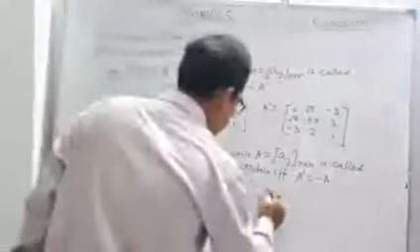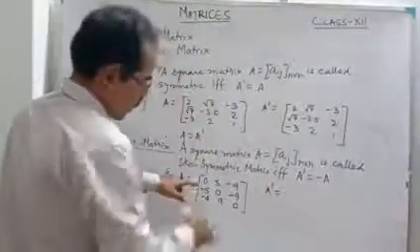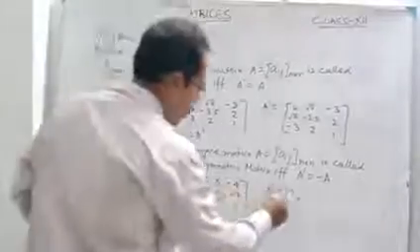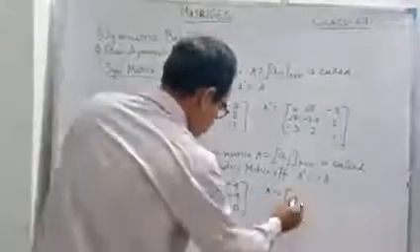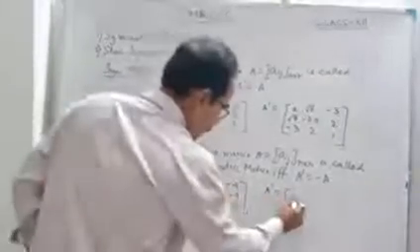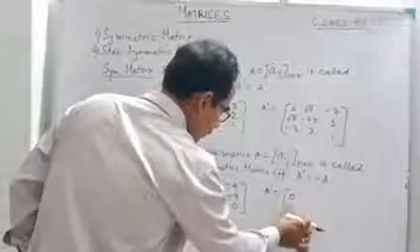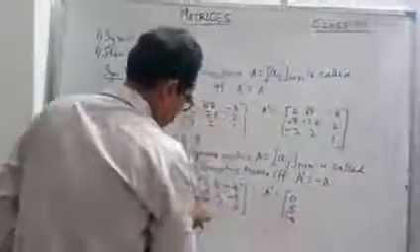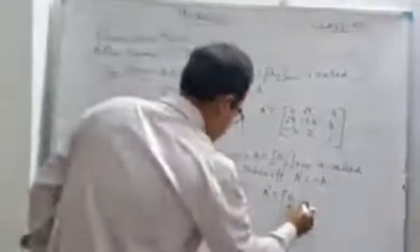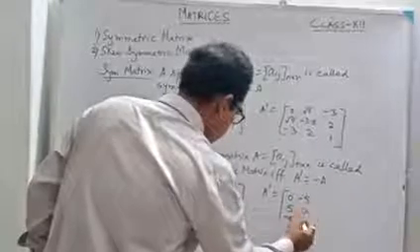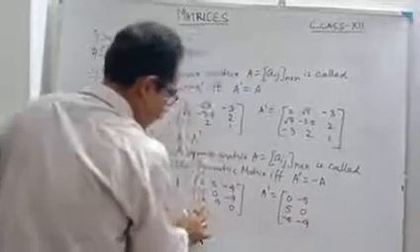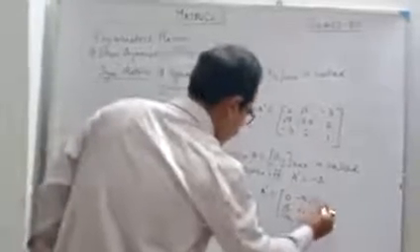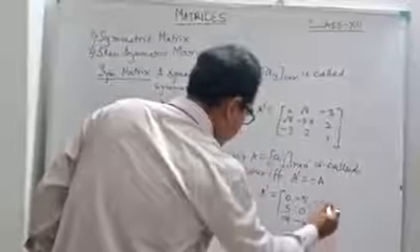Then A transpose will be what? Just check it out. Rows will change into columns. That means 0, 5, minus 4 becomes the first column, then minus 5, 0, minus 9, and then minus 4, 9, 0.